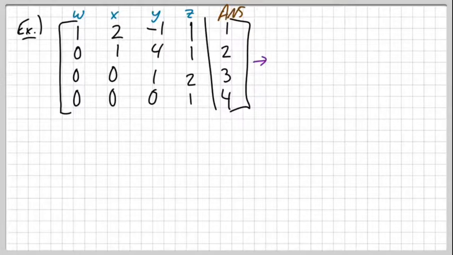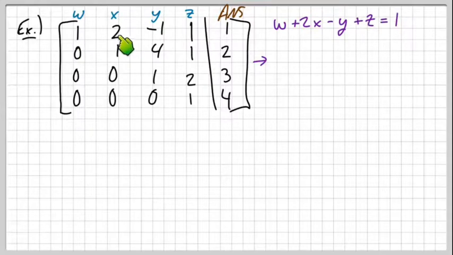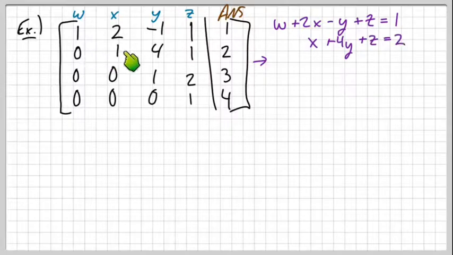Put this back into XYZ form. We have 1w plus 2x minus a y plus a z equals 1. There's our first equation. Our second equation, there is no w term, but we do have 1x plus 4y plus z equals 2. There it is.